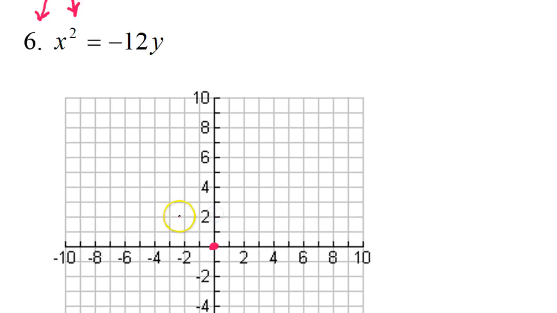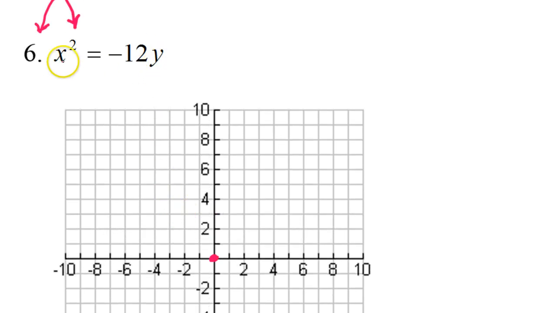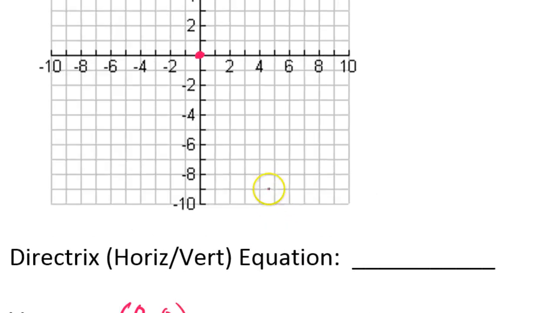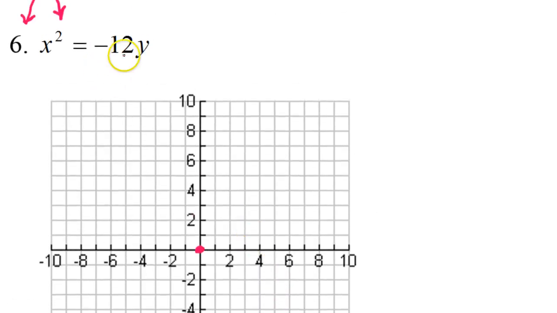So we know that the vertex will be 0, 0. Nothing is being added or subtracted. Okay, so the vertex is 0, 0. All right, this 12 is the focal width. All right, it's the width of the parabola at the focus.